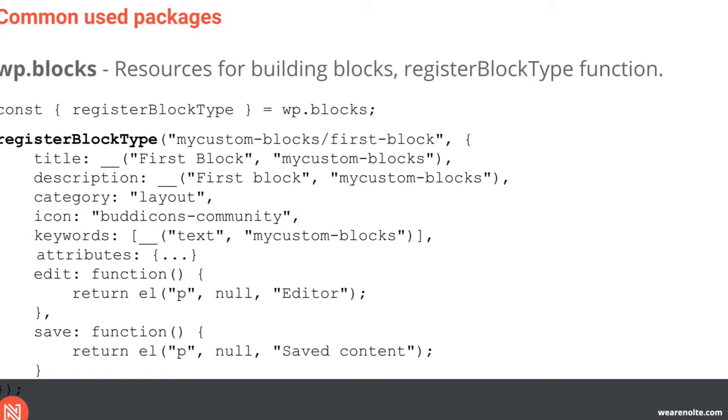The icon is the one that appears with the title. Here you can use the WordPress Dashicons and just put the name of the icon you want to display, or you can also add your custom SVG. Then the attributes that are being changed in the editor, and the edit and save functions.